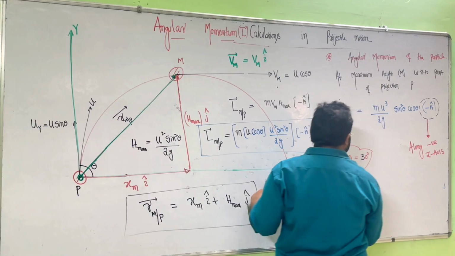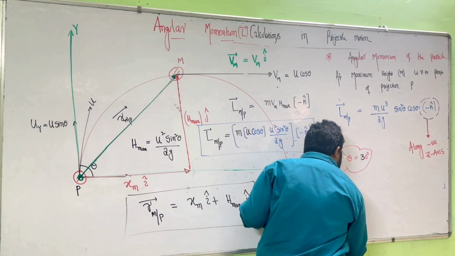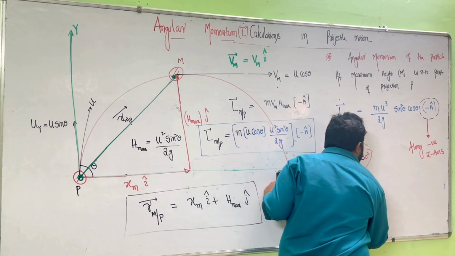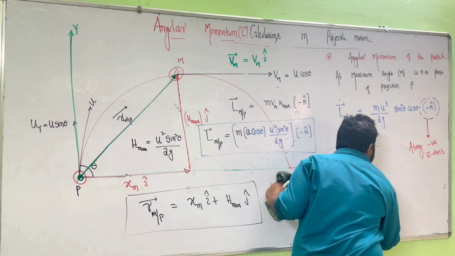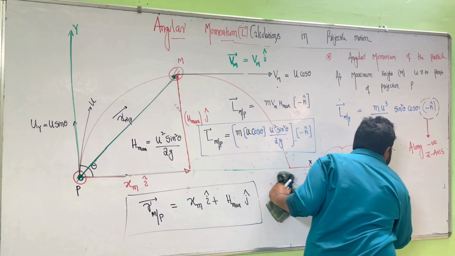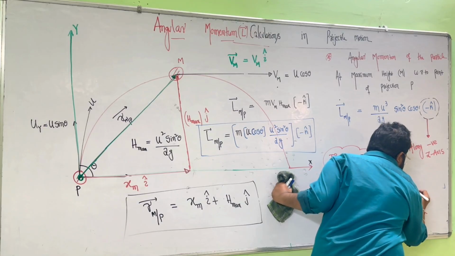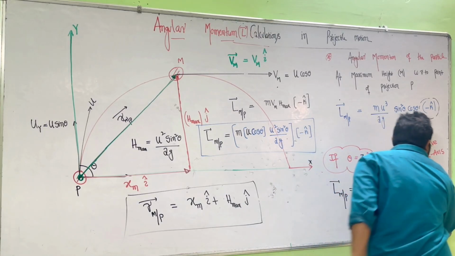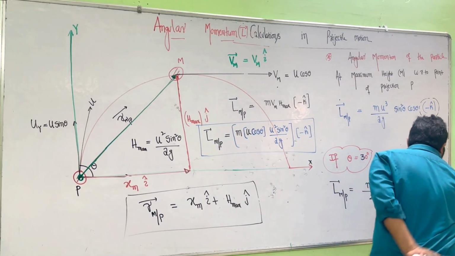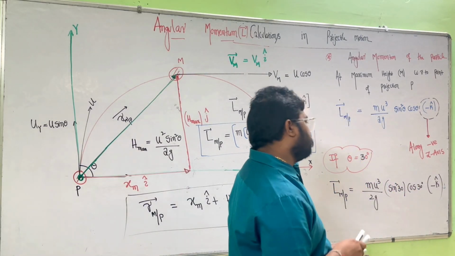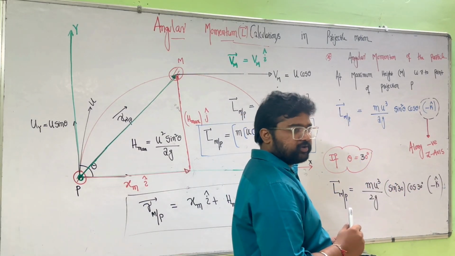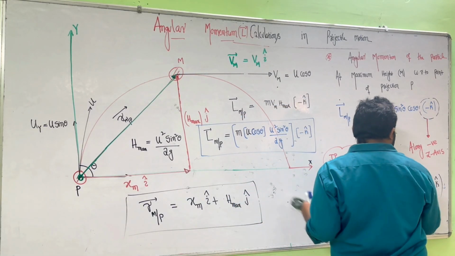With the point of projection, m into u cube by 2G into sin square 30 cos 30, minus K cap. So root 3 by 2. This is 1 by 4. 8. How much is obtained?